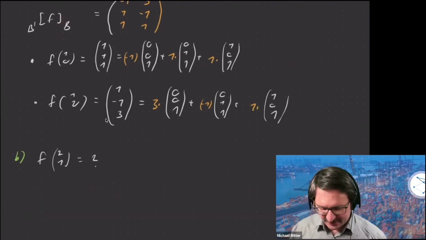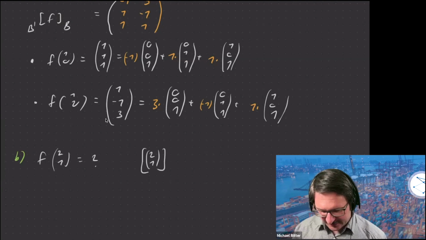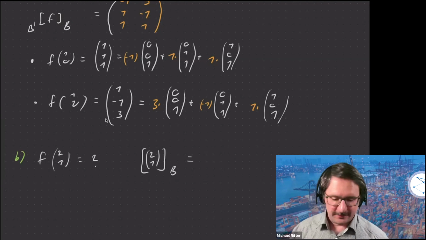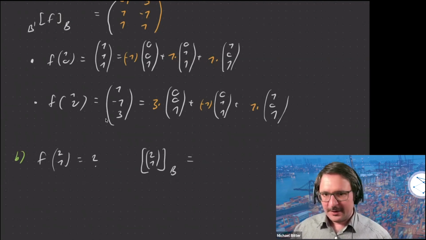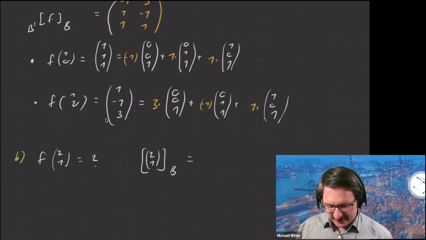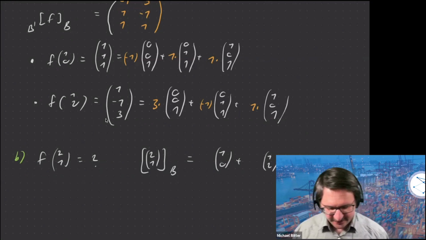So first we have to find the B coordinate vector corresponding to (2, 1). And that B coordinate vector is obtained by finding the right linear combination, as we did before, of these two basis vectors.